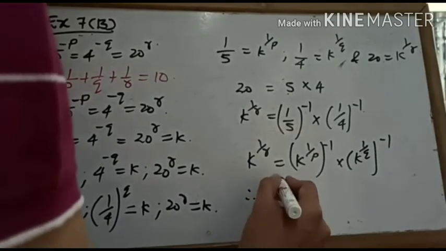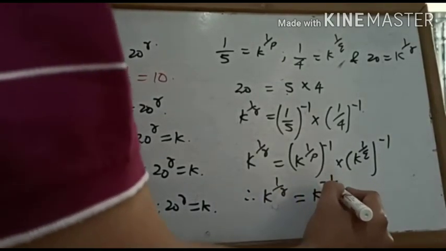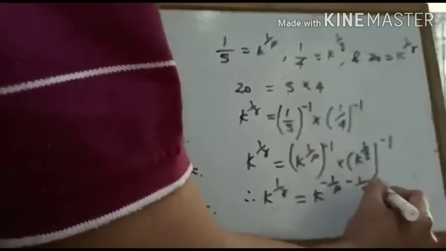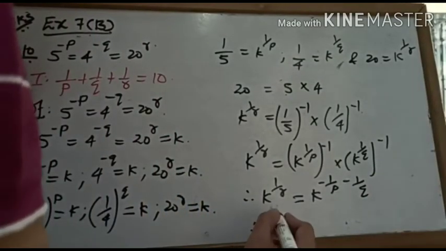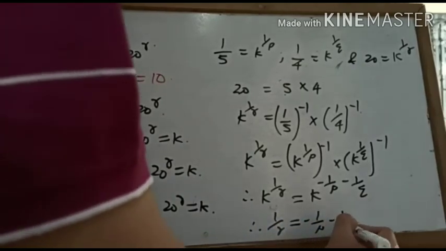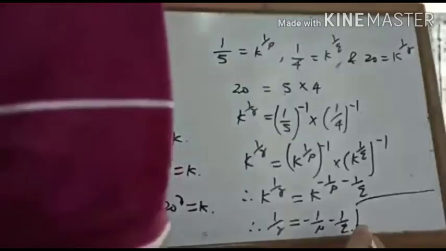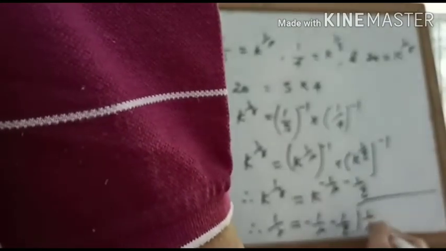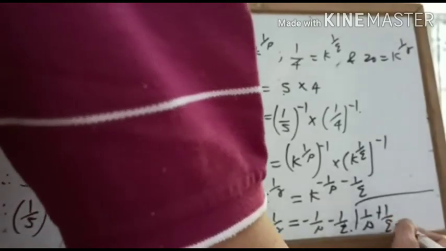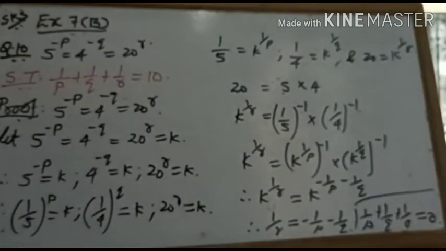So this becomes k raised to 1 upon r is equal to k raised to negative 1 upon p minus 1 upon q. So I can say 1 upon r is equal to negative 1 upon p minus 1 upon q. And if you understand this, I am bringing every term on the left side. So 1 upon p plus 1 upon q plus 1 upon r will be equal to 0.